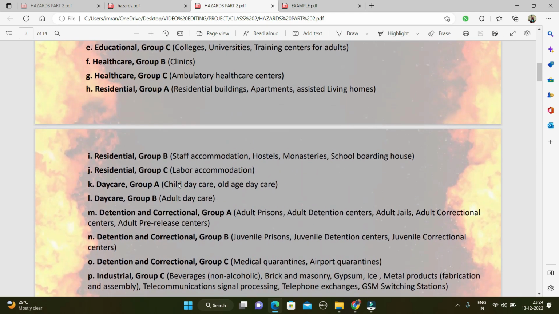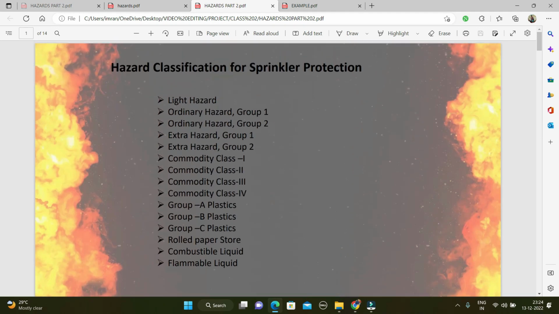Also parking, mechanical parking. So this type of area we have already seen, this type of area we generally face to design like light hazard, ordinary hazard group 2, extra hazard group 1, extra hazard group 2.